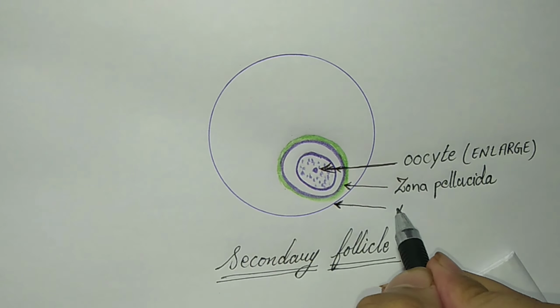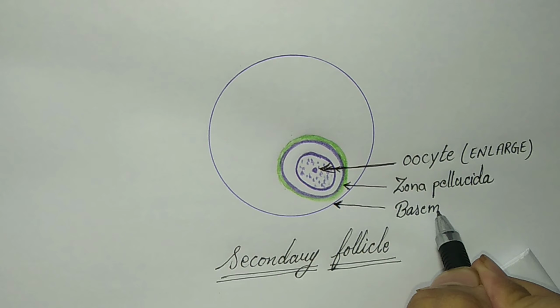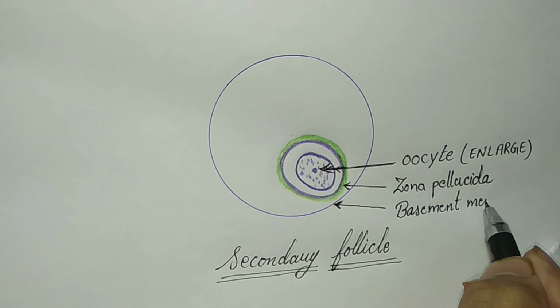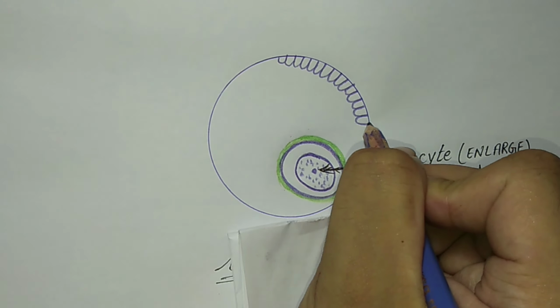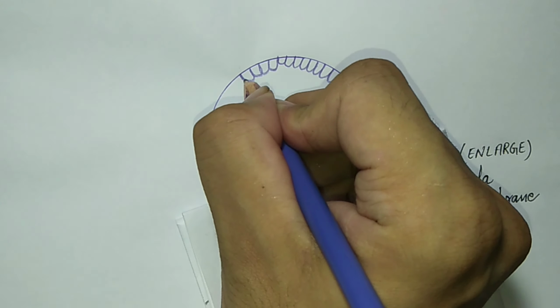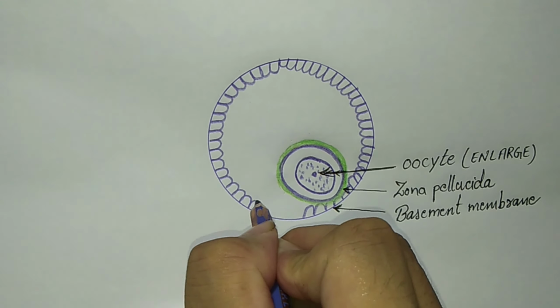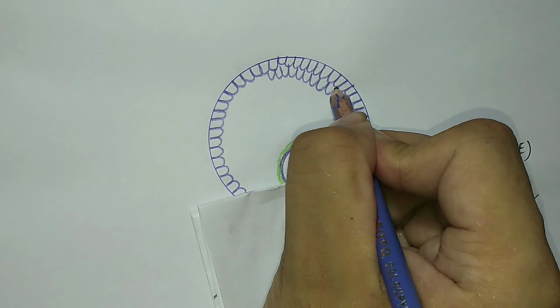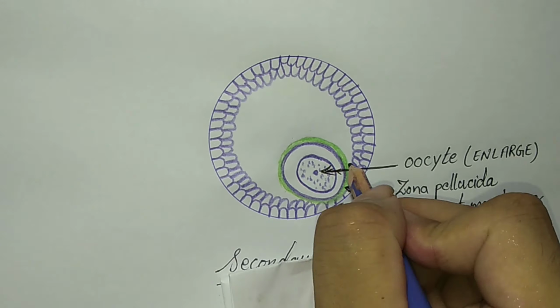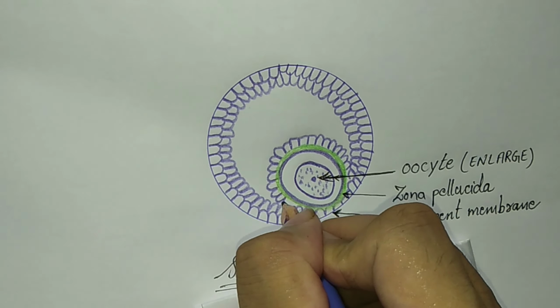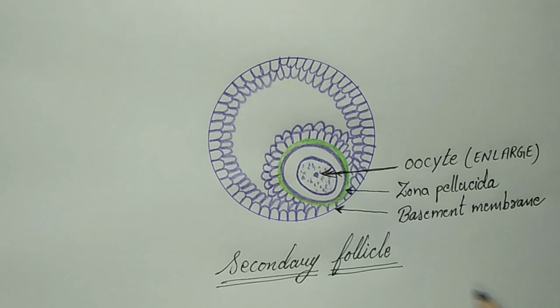Basement membrane. Follicles with antral cavity are called secondary or antral follicles. These follicles are larger and situated deep in the cortex.